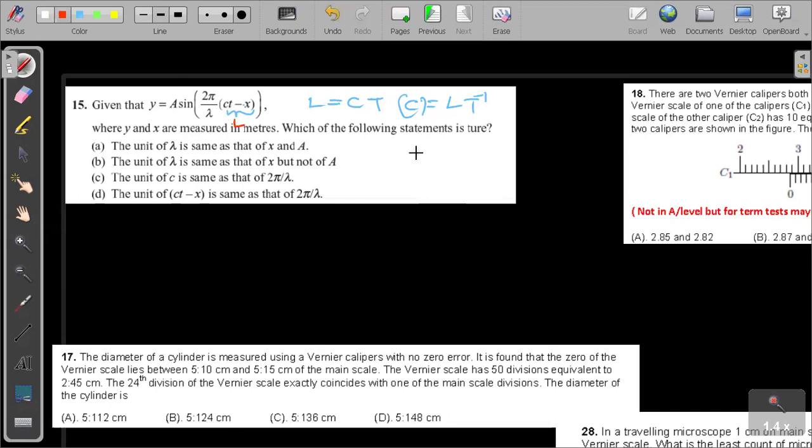Have a good look: 1 should be equals to 2 pi, which is a number you are not going to consider. So it is like length over lambda. So lambda dimension should be equal to L as well.